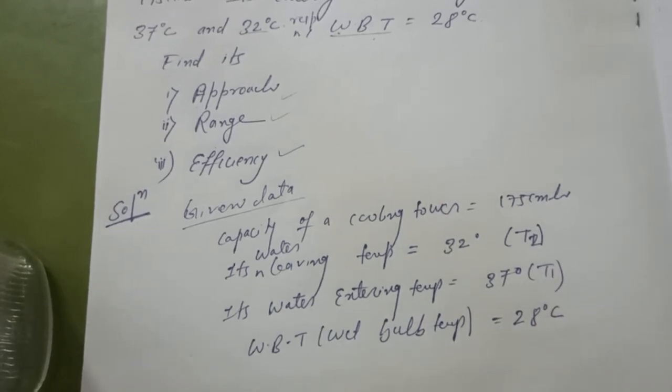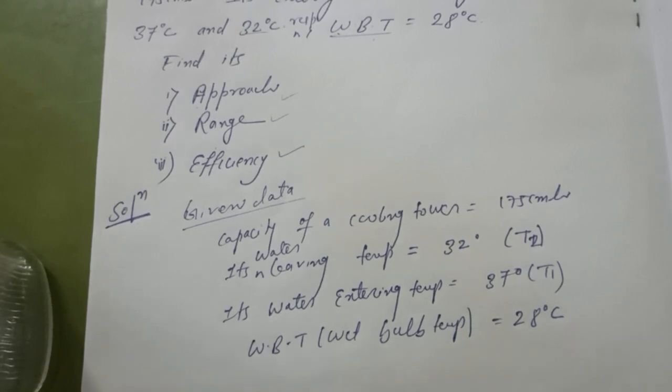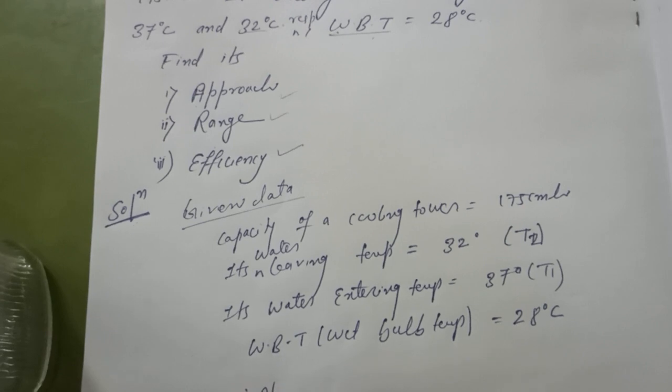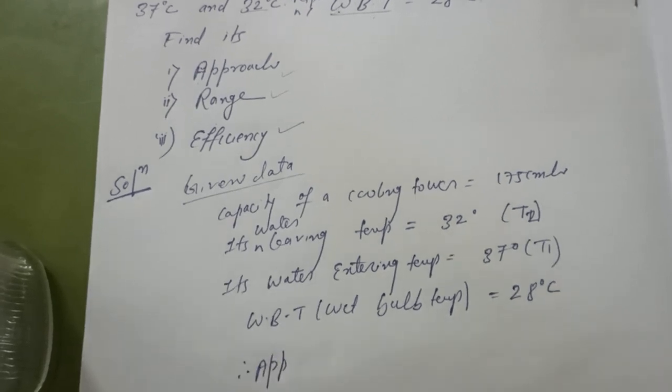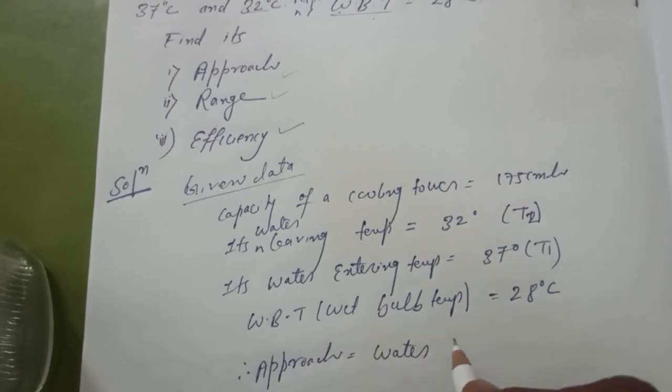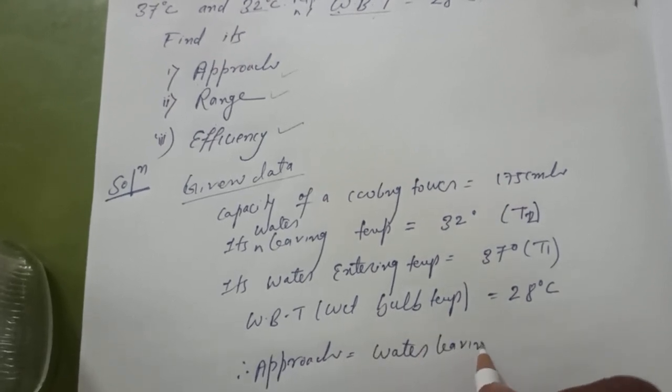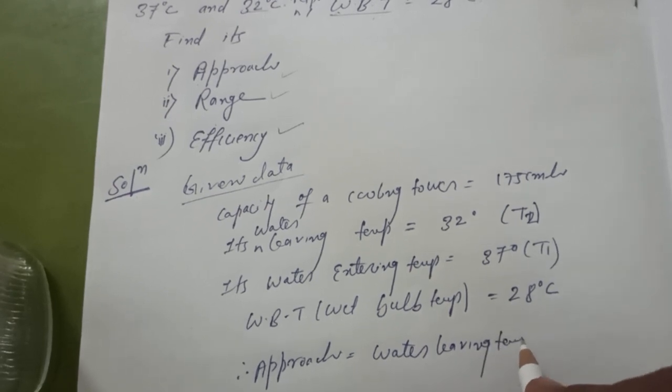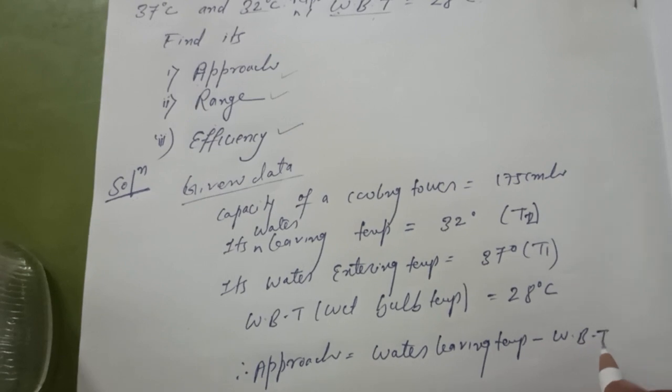Then how will we determine the approach of that particular cooling tower? There is one formula. Approach equals water leaving temperature minus WBT.